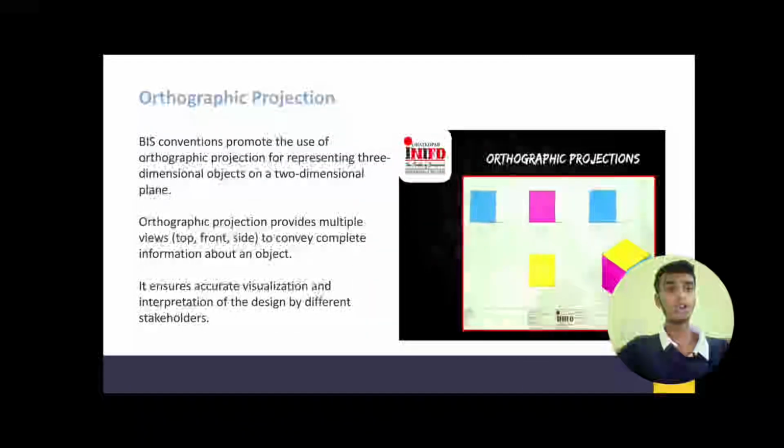The next is orthographic projection. Orthographic projection plays an important role in BIS conversion. We will see here that BIS conversions promote the use of orthographic projection for representing three-dimensional objects on a two-dimensional plane.